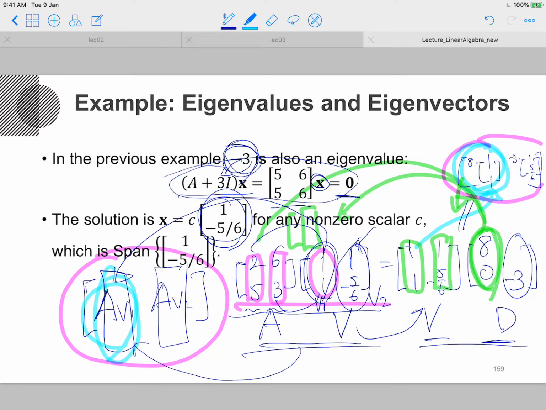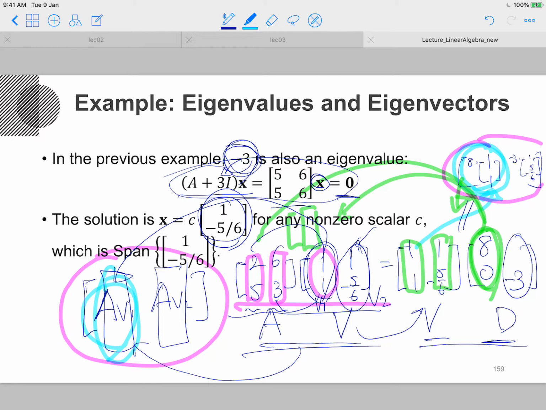So that's the relationship between these multiple equations for each pair of eigenvalue and eigenvector: AV1 is equal to lambda 1 V1 and AV2 is equal to lambda 2 V2, right? If we find multiple pairs of eigenvalues and eigenvectors, we can just build these multiple equations.